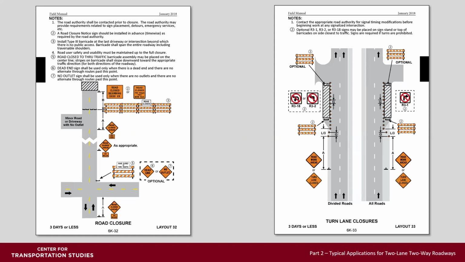From part 1, you recall that in this case, the road closure barricade where it says road closed, through traffic passes to the left of that barricade. Note that on the road closure barricades, the diagonals point to the center. That means that you should not drive around those barricades, and they should completely close the roadway. In this case, it is completely closed.